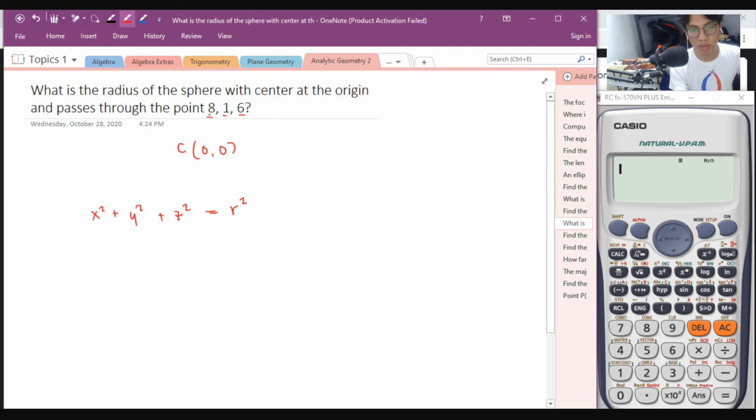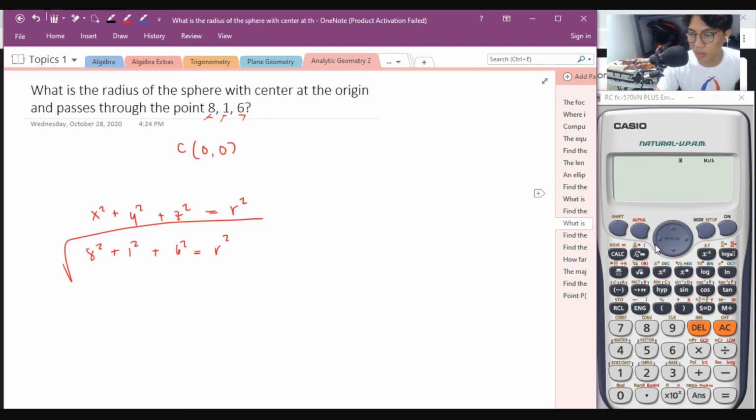Pasok mo dito ito. Diba? Ang sphere, 3-dimensional. So, this will become 8 squared plus 1 squared plus 6 squared equal to r squared. Square root natin lahat.